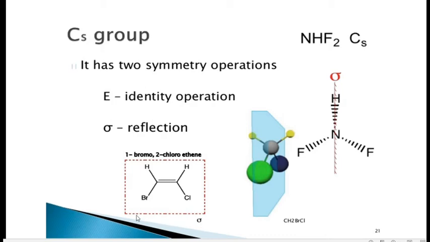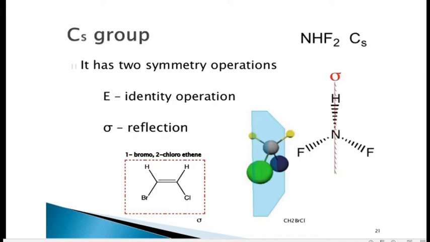The molecule is lying in a plane, so the molecule has only the plane of symmetry and identity E, with all other symmetry elements absent, so one can assign the CS point group.